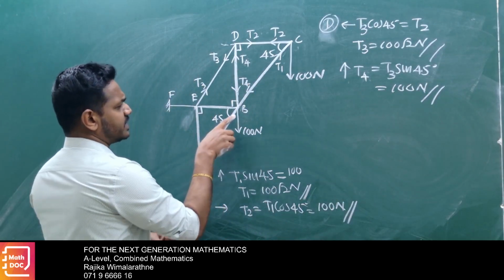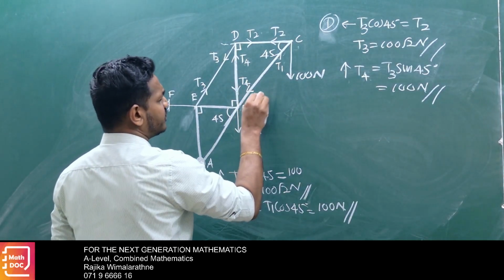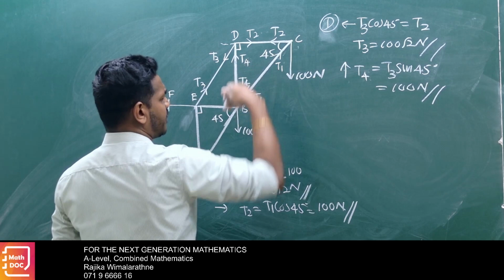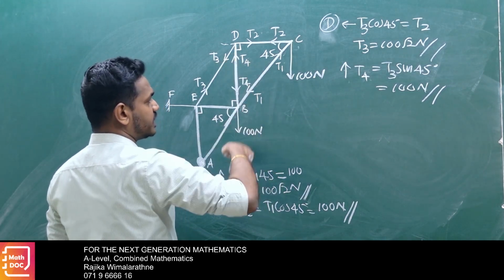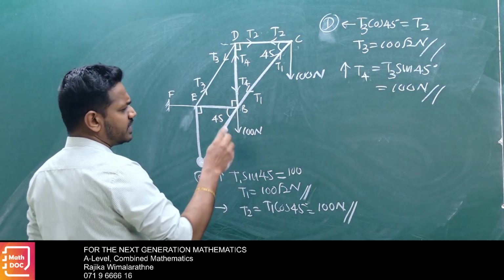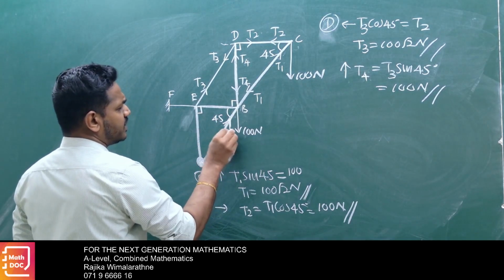Then come to this vertex. Here T1 vertical downward, T4 vertical downward, 100 vertical downward, you better mark here upward. Here T5.